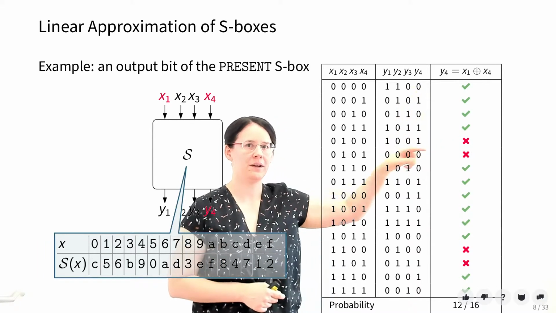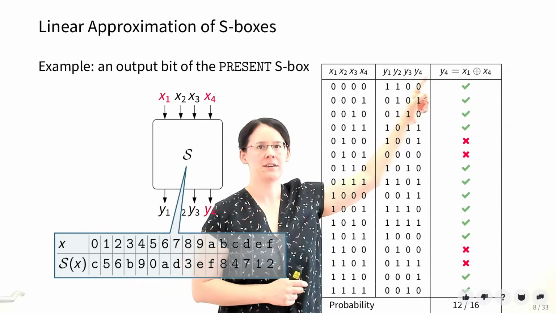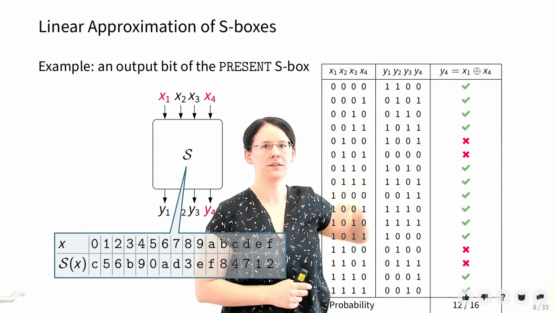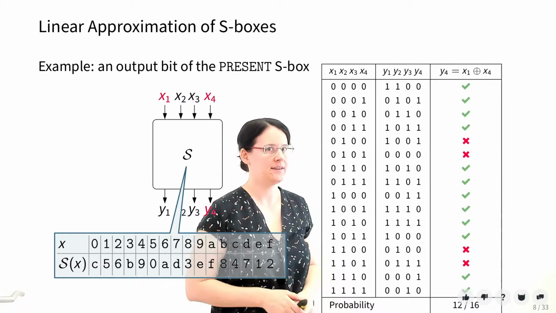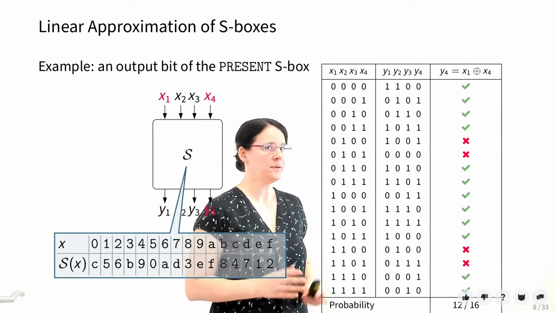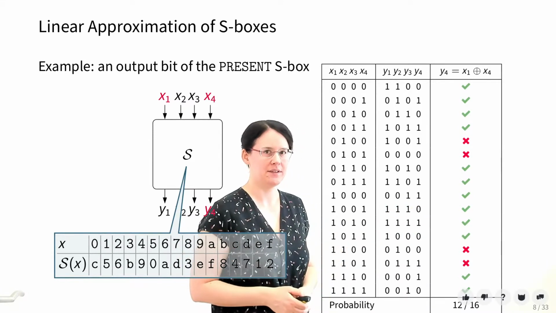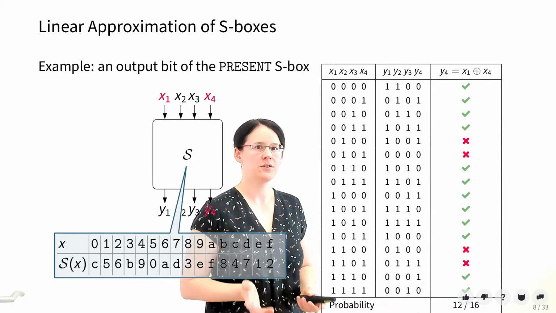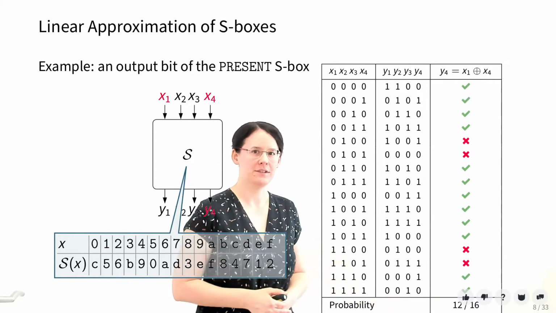Here I've denoted by a check mark all the cases where it's 0, so where the approximation that y4 equals x1 XOR x4 is correct, and an X in the cases where this is not correct. And we see there's again a tendency towards this approximation being correct. So this looks like a good approximation. Probability 12 out of 16 cases.